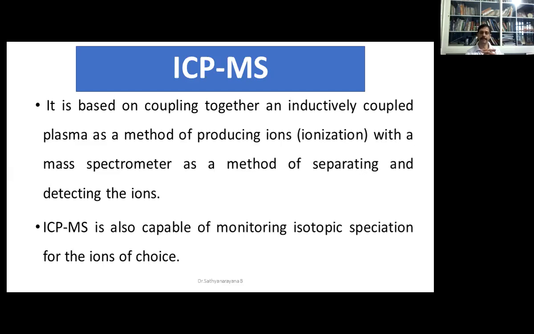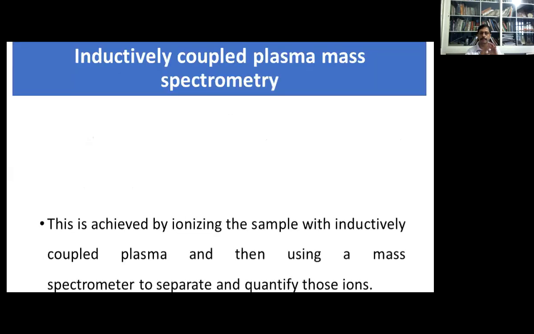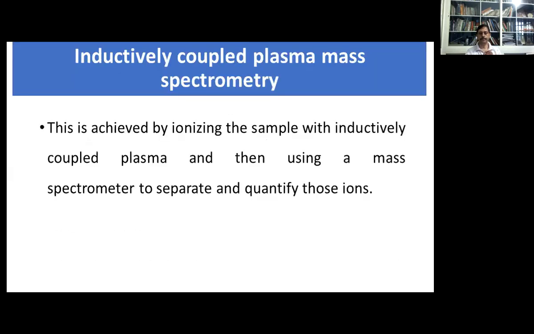Here, we can even identify the isotopic speciation because mass to charge ratio is considered in mass spectroscopy. This is achieved by ionizing the sample with inductively coupled plasma and then using a mass spectrometer to separate and quantify these ions.